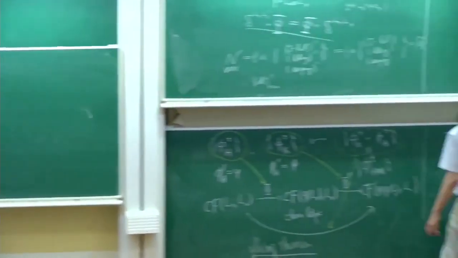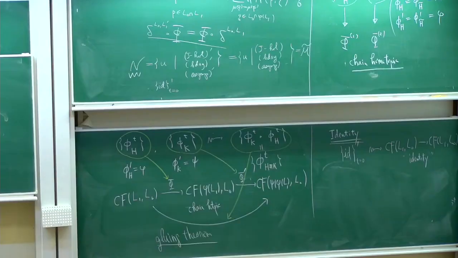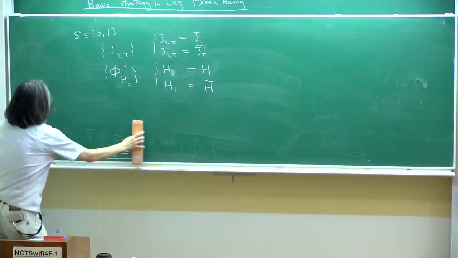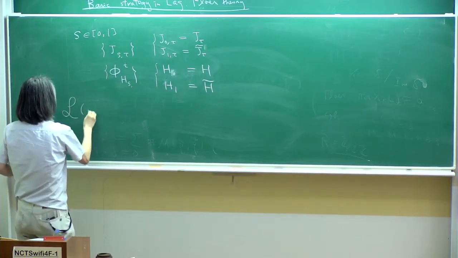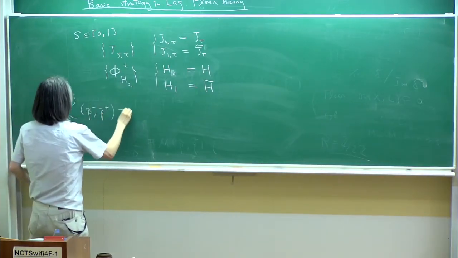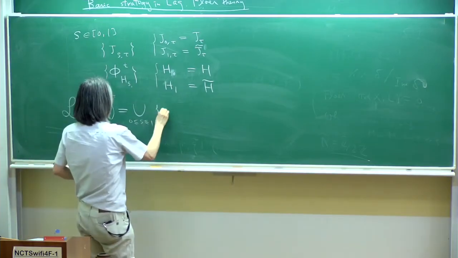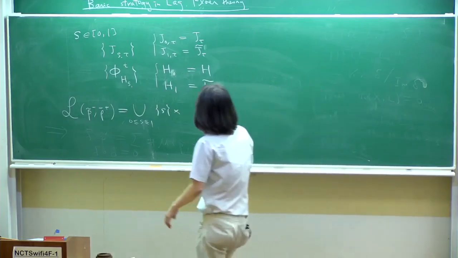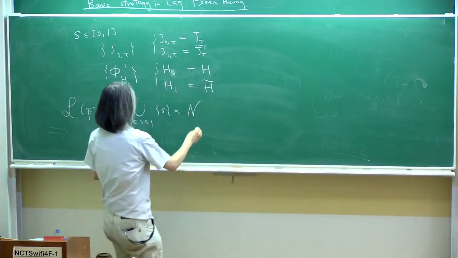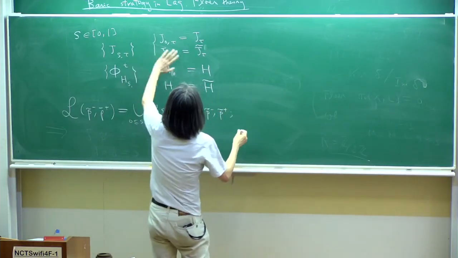So I just consider one more family, one dimension higher, which actually connects these two things. And then we consider the following moduli space. Maybe L, and maybe P tilde minus and P tilde plus. This is a union over S, and here you have S, and then you consider this moduli space.